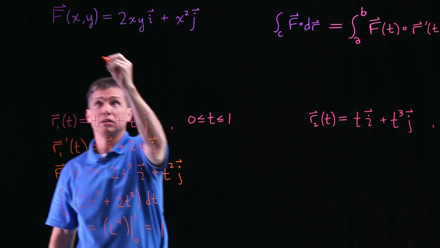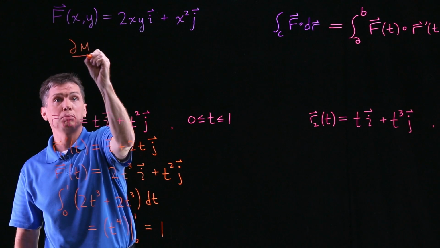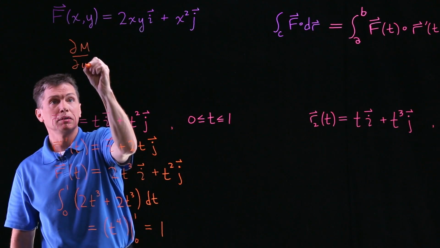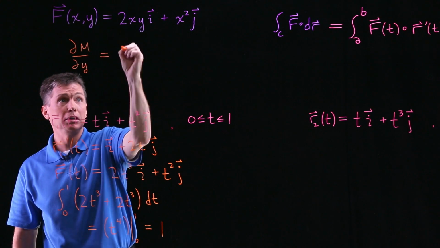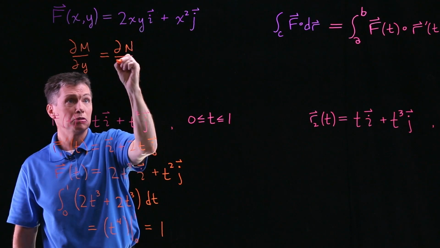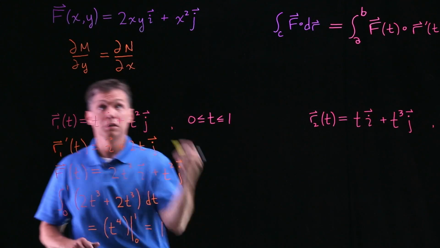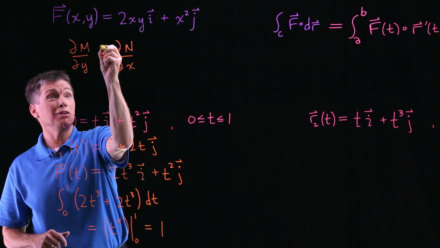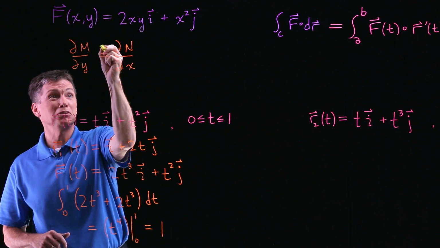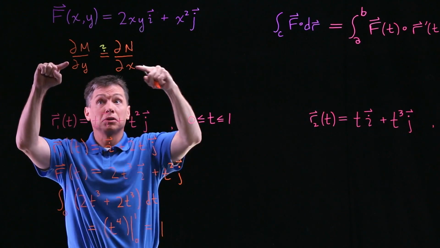Remember how to check that: you're looking at your partial of M with respect to y, and we ask ourselves if that equals the partial of N with respect to x. Okay, question at first, and we'll get the answer. Not always yes. We'll see if it's yes or no for this problem. But we'll do our partials.